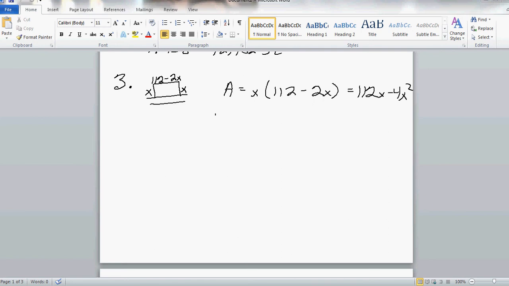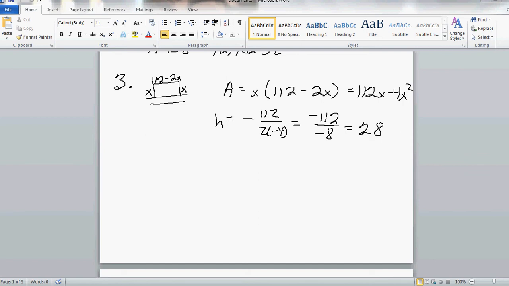To find the maximum area, we know we need to find x, which is h, negative b over 2a, which is negative 112 over negative 4, which equals 28. Oh, it says find the length and the width that will maximize the area. So this we know will be 28 feet.